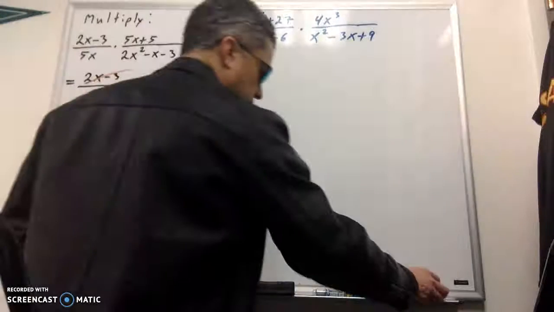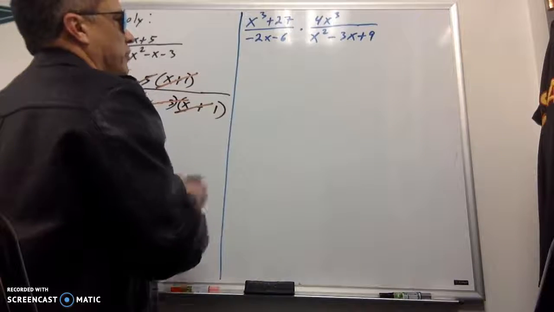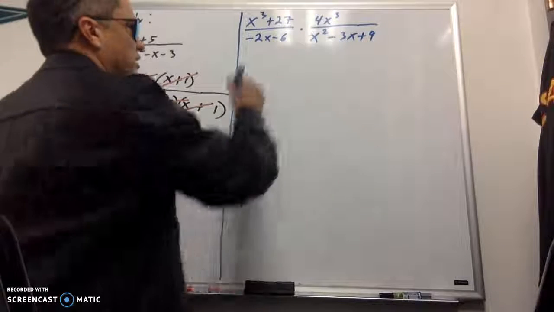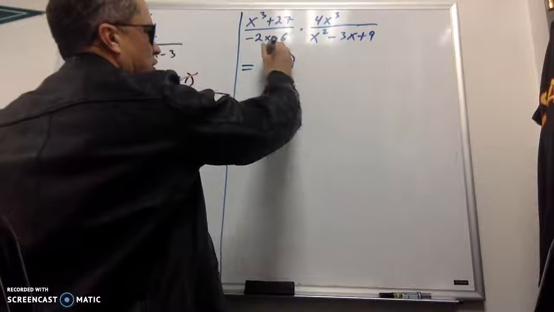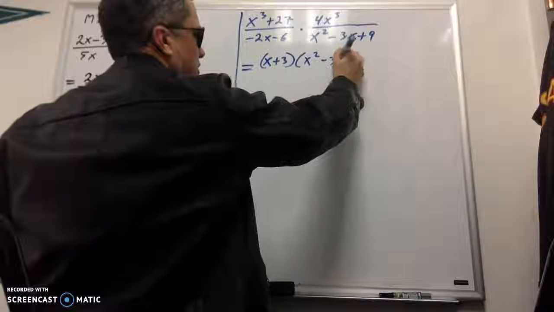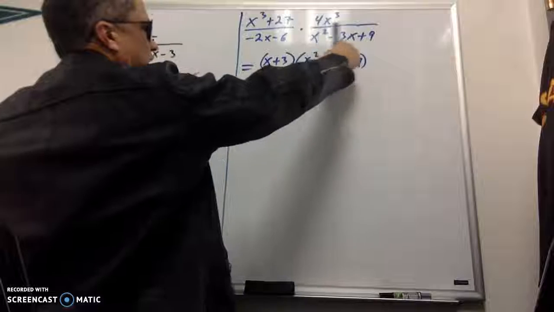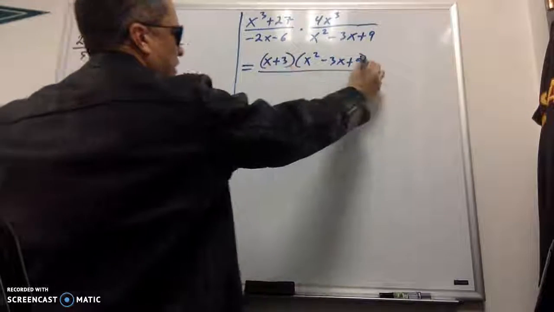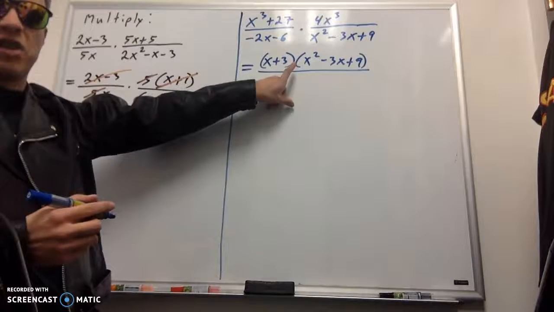All right, let's take a look at the second one. I'm going to go a little quicker here. My numerator in the first fraction is a sum of cubes, so that's going to be x plus 3 times x squared minus 3x plus 9, which is kind of cool because that's what I've got in this denominator. If you don't know how to do the sum of cubes, I've got a video on there somewhere.